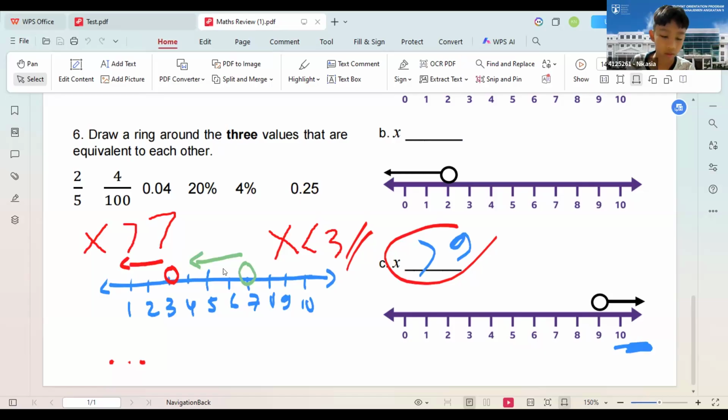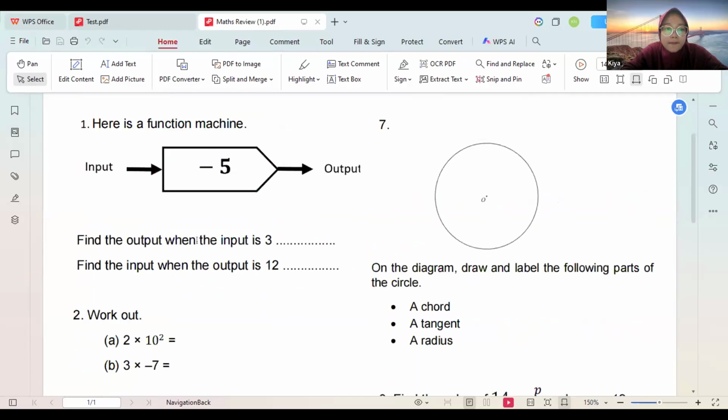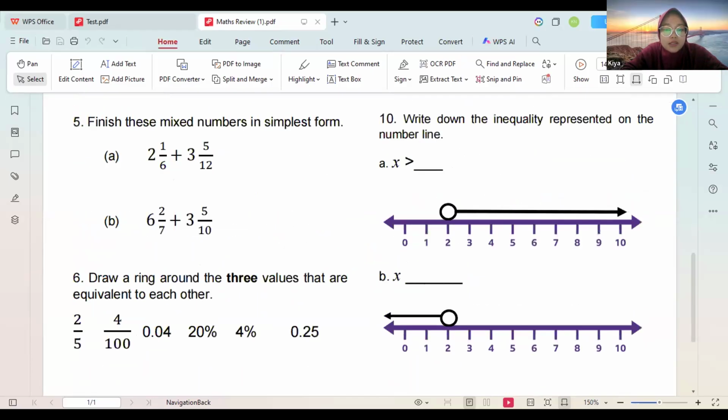No, sorry, like this. Okay, perfect. Get it? Okay, let's continue to the next. Is there any question about the first math review? No. Okay, let's check the next math review.